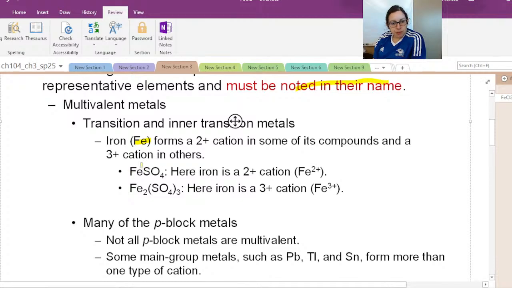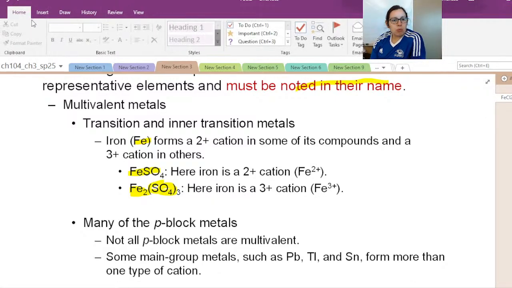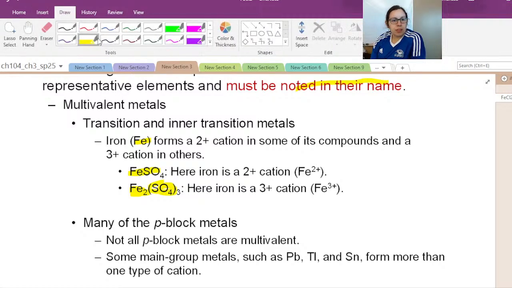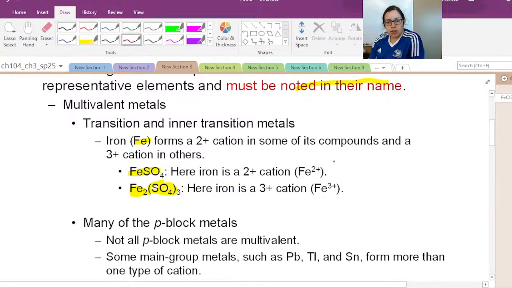And so we have FeSO4 and then Fe2(SO4)3. So we have to be able to make the distinction between these two iron sulfates. And so we would write it. So we can say this is iron(II) sulfate.